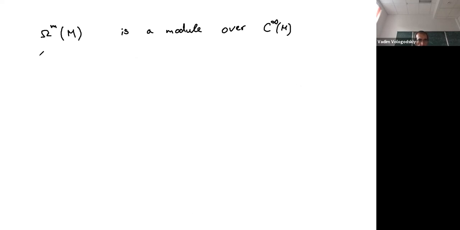Namely, recall that if we consider all exterior powers of a vector space, this is by definition the direct sum over all n of the nth exterior power of the space. So this forms an algebra.